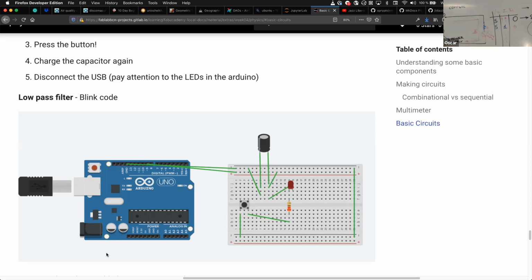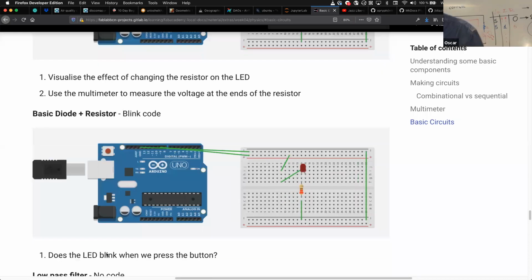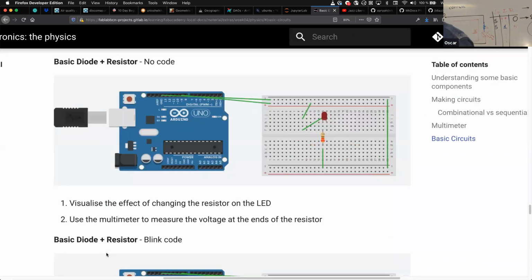So the first exercise that I want you to do is this one here, but instead of putting it to 9, put it to 5 volts. You have to put this cable in 5 volts. This will supply voltage to a circuit that has a resistance and something that lets us see what the current is.